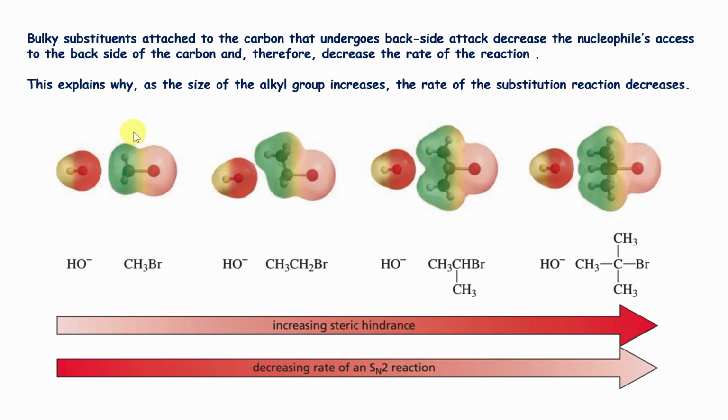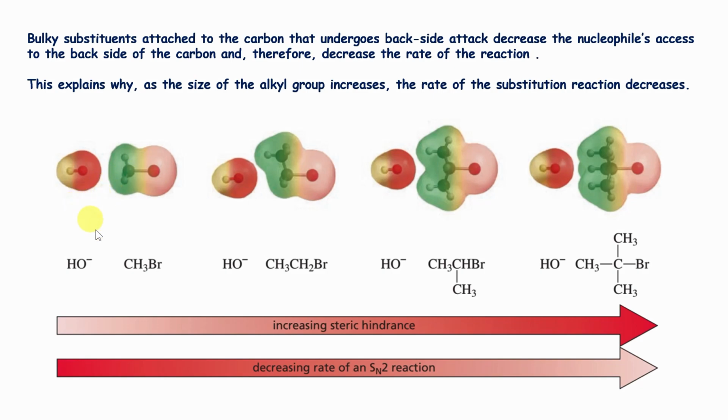This explains why, as the size of the alkyl group increases, the rate of the substitution reaction decreases. From left to right, the steric hindrance of the substituents attached to the electron-deficient carbon atom diminishes the accessibility of the nucleophile to the electrophilic carbon.